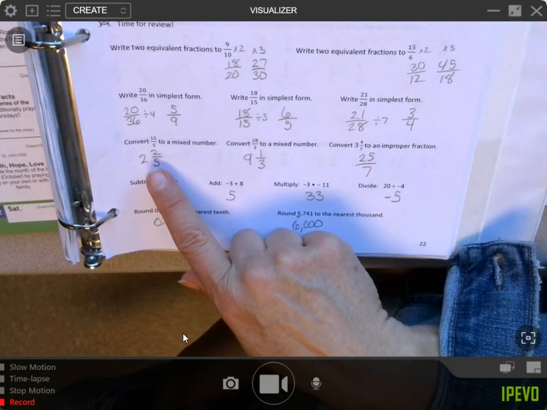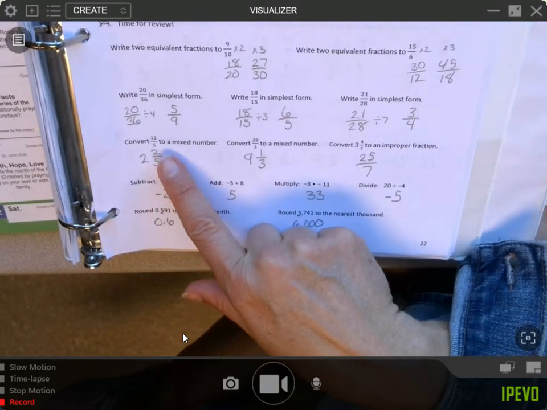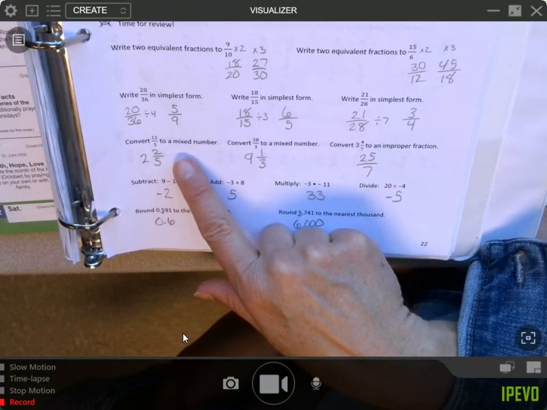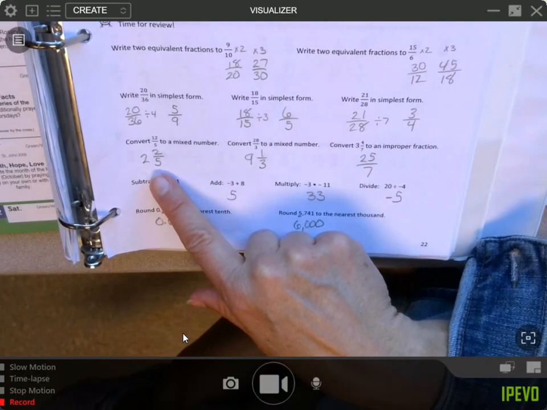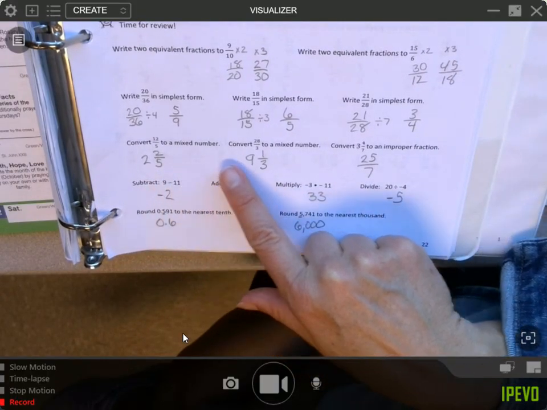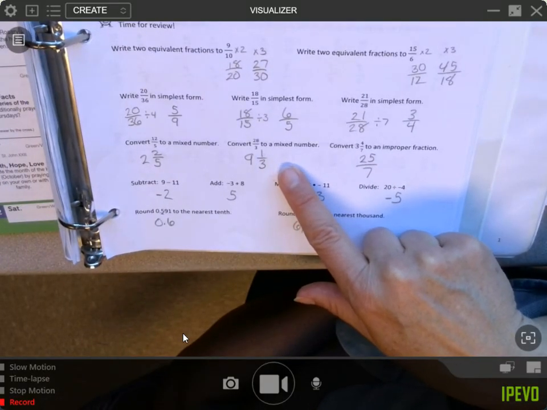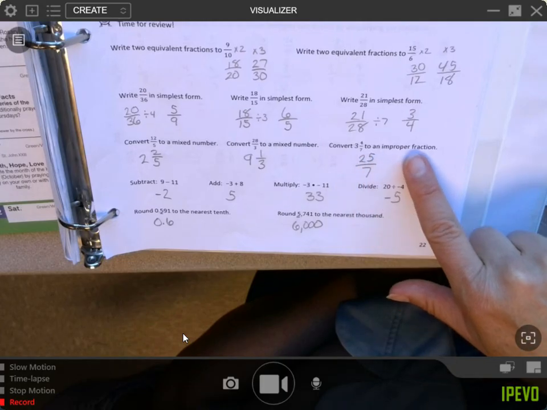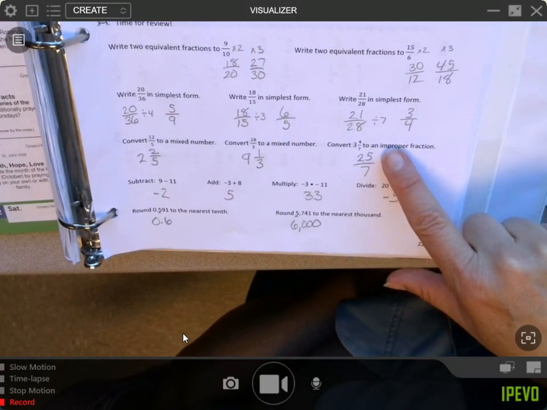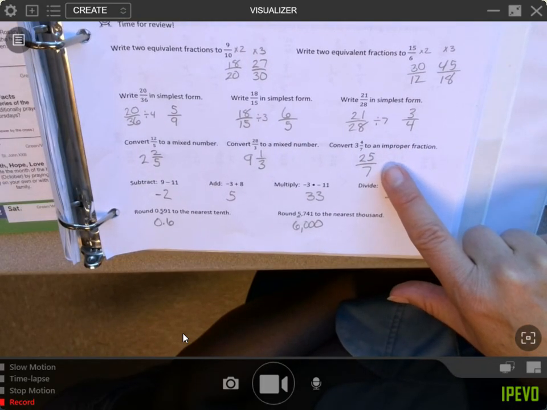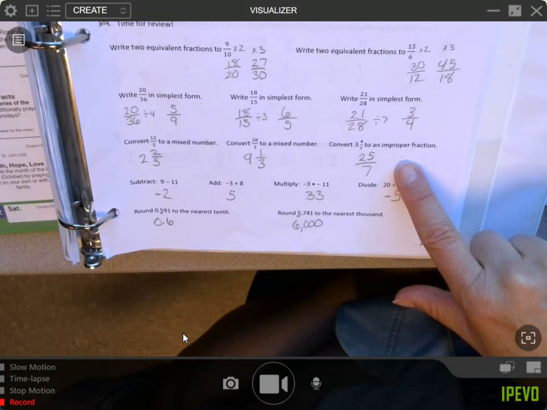All right, now converting improper fractions to mixed numbers. 12/5 becomes 2 and 2/5. 28/3 becomes 9 and 1/3. Then mixed to improper would be 3 and 4/7 becomes 25/7. Any questions about improper and mixed numbers converting?